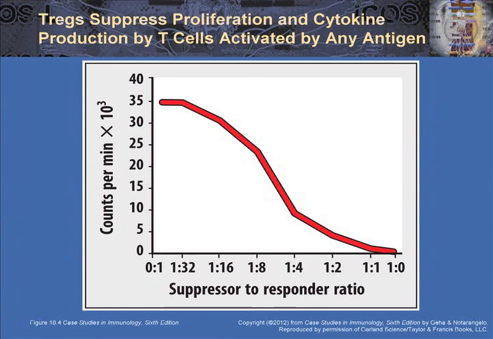What is shown is that T regulatory cells can dose-dependently suppress proliferation as well as cytokine production by effector T cells. And what's interesting and important is they do this in an antigen-independent manner. So T regulatory cells from any source can suppress antigen-specific T cell effector responses to any antigen given. So there's no antigen specificity for T regulatory cells' ability to suppress inflammatory T cell responses.